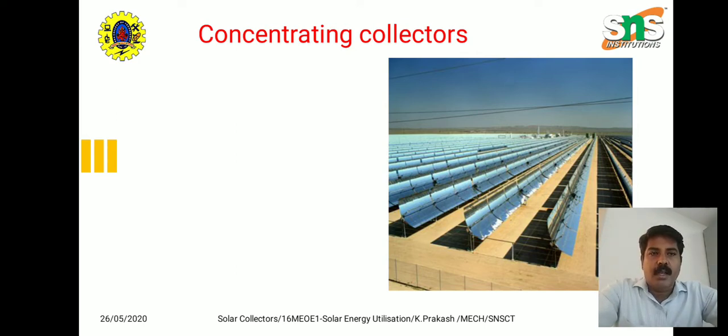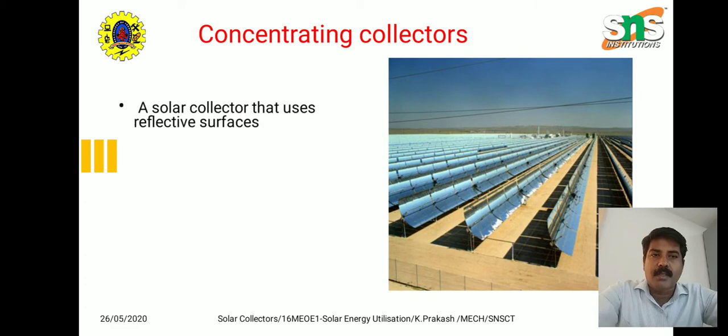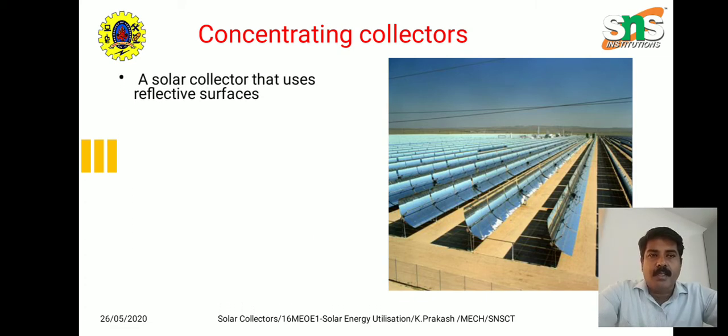In concentrating collectors, we focus the solar radiation onto a particular point. To do this, we use a reflective surface to reflect the solar radiation.